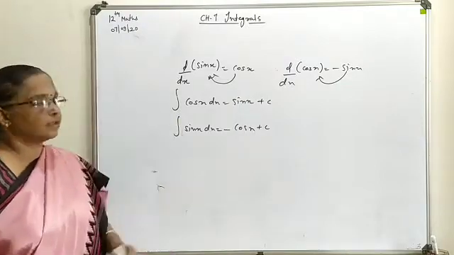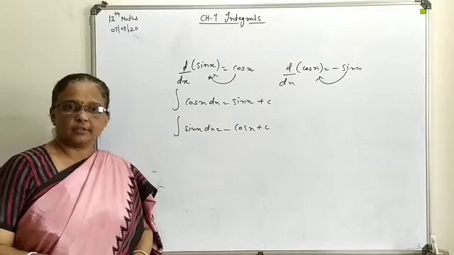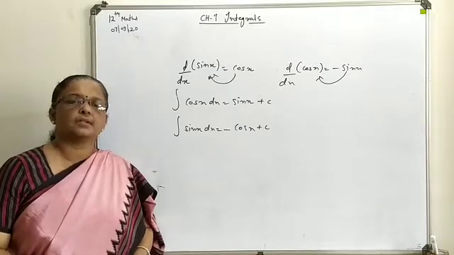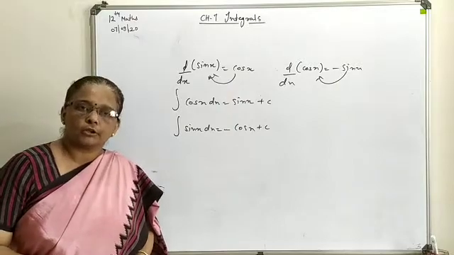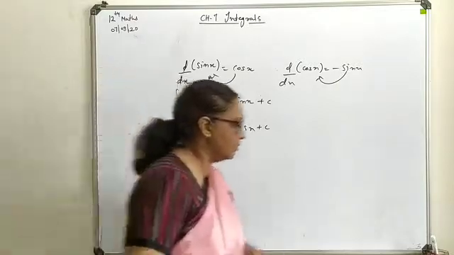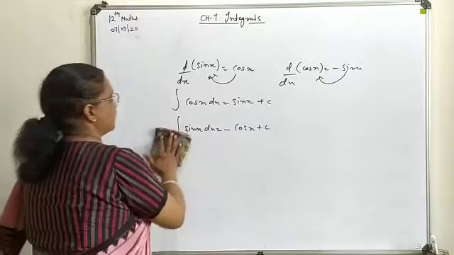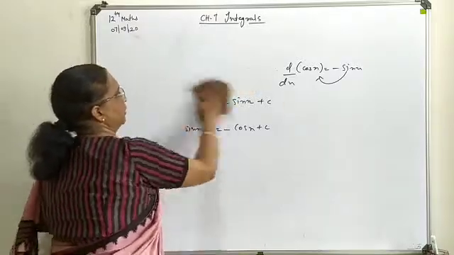Keeping all these things in mind, we are going to list some basic formulas, or you can say this is the rule you can implement for your question form. So let's list the basic formulas for integration.